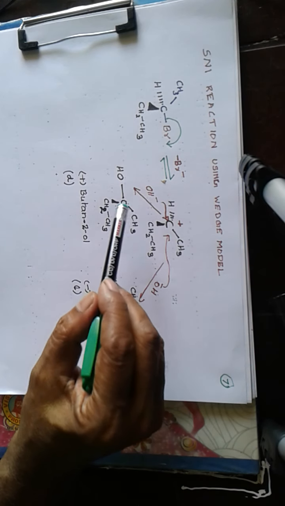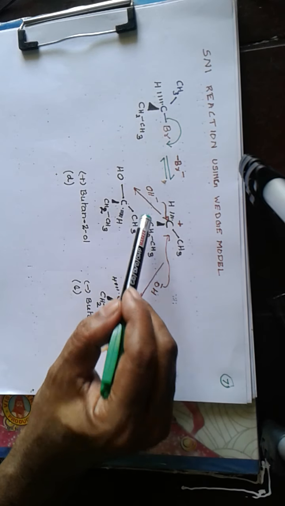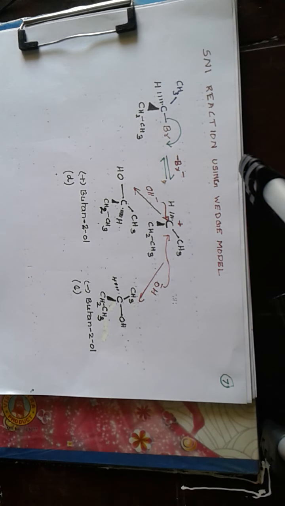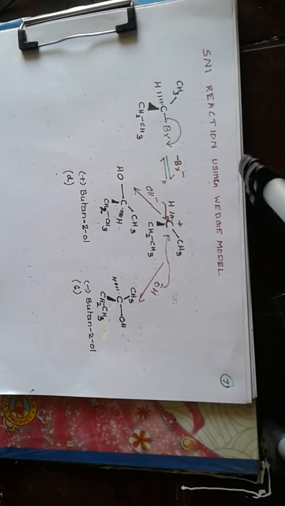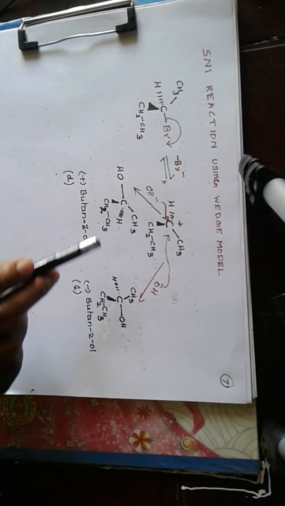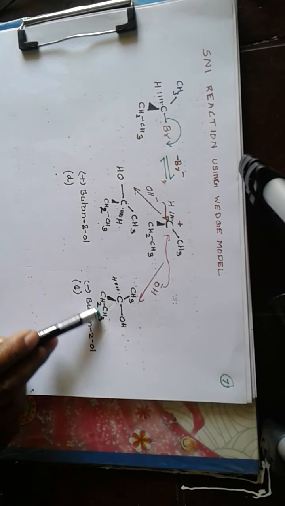And when the positive isomer tries to rotate the plane of polarization towards the right, then the negative isomer will try to rotate the plane of polarization towards the left, giving no rotation at all, if and only if these two are present in equal amounts. Suppose this isomer predominates.